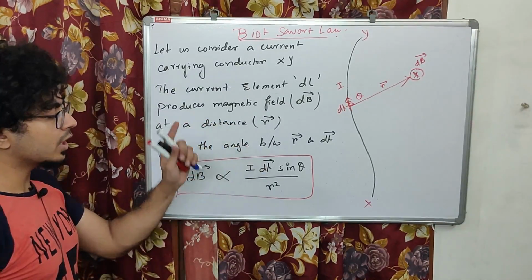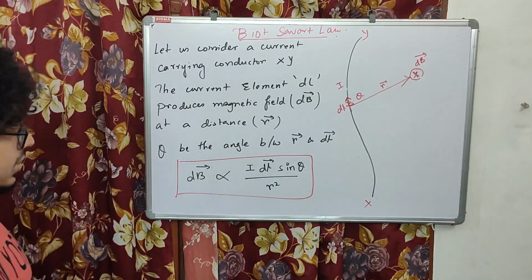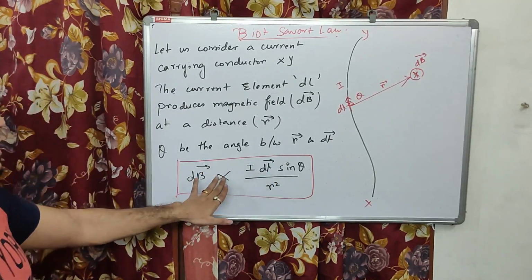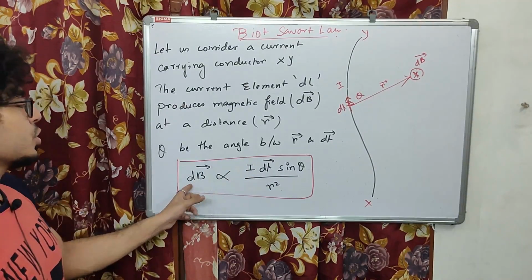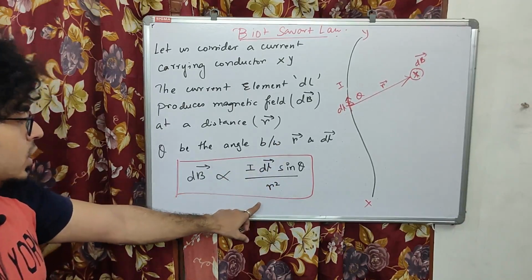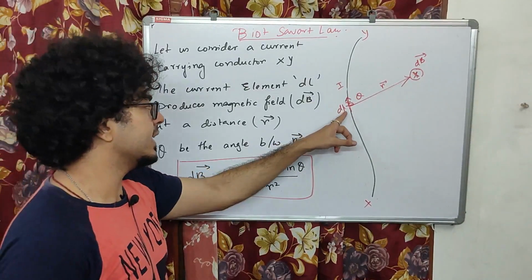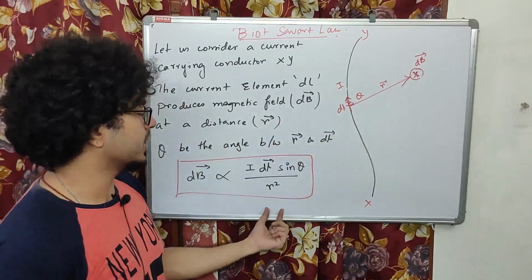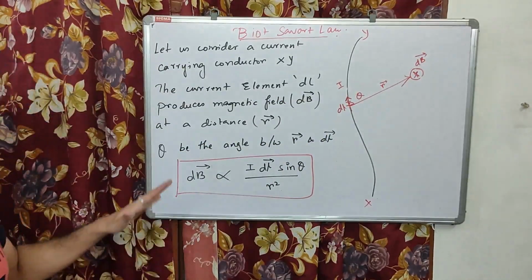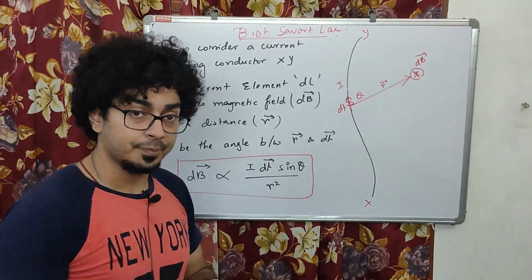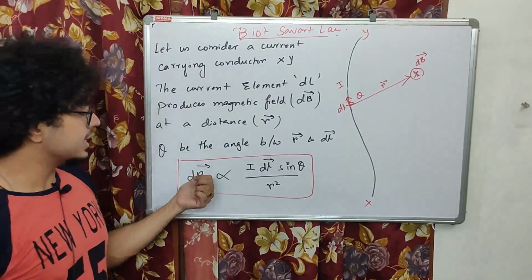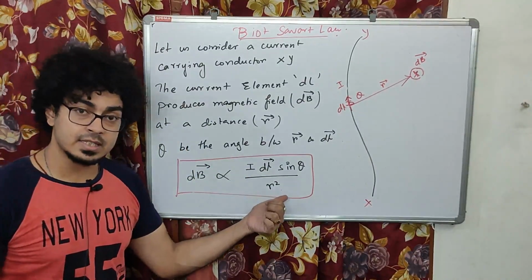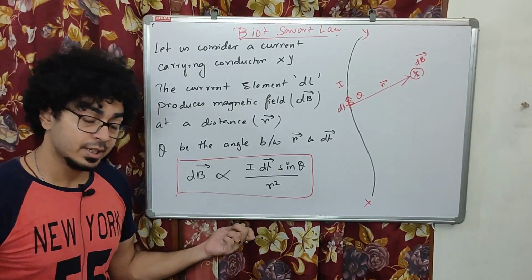Now, how are you going to find this out? From here, it is proportional to the current element, and to the sine of the angle between the current element dl and r, and r square is the distance. So this is how it is proportional. The magnetic field is inversely proportional to the square of the distance between the point and the current element.